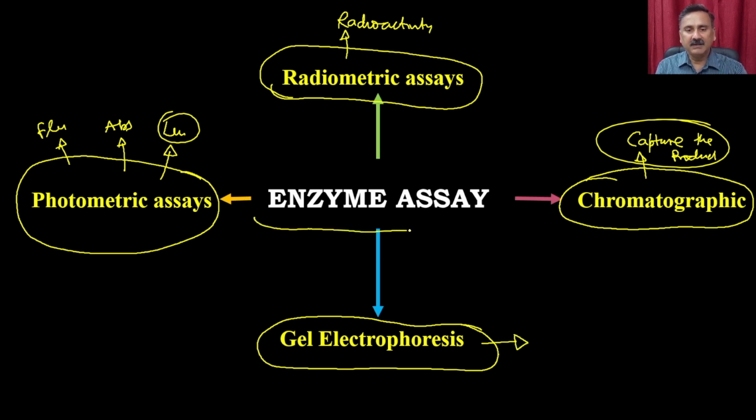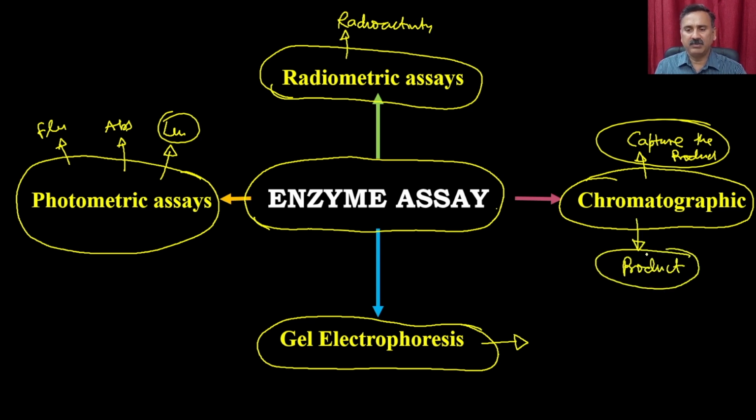So enzyme assay is a very complicated recipe, or I will say a complicated protocol, where you are not going to use only one type of assay. You may have the possibility of using multiple combinations of different types of techniques. For example, you can use chromatography techniques to isolate the product, right?